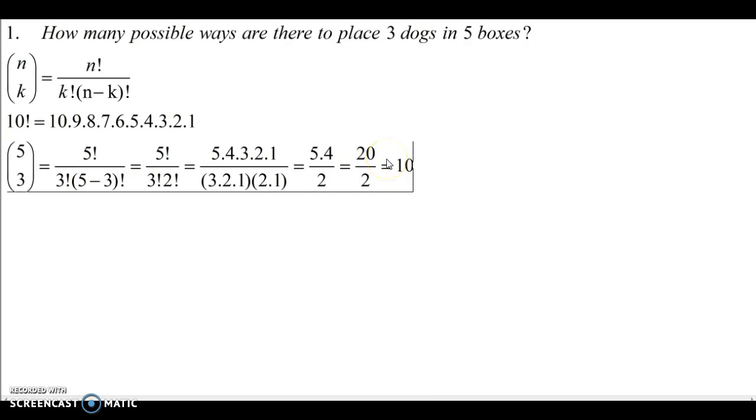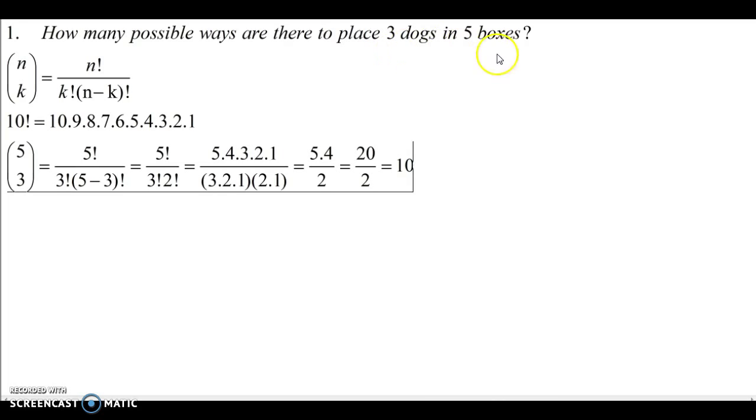Now the point is not just solving this problem as much as knowing how to solve a similar problem when you are asked to make a combination of two numbers. How many ways are there to place a number? 3 could be 3 balls in 5 different boxes, for example. And we have a way to solve this using bigger, larger numbers.